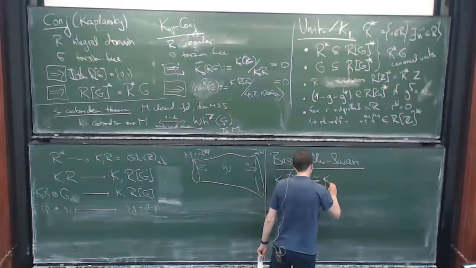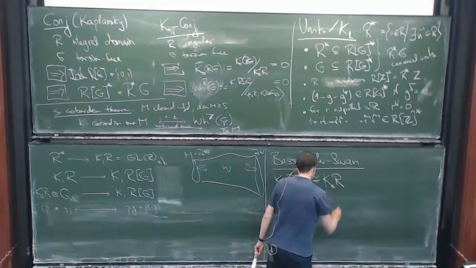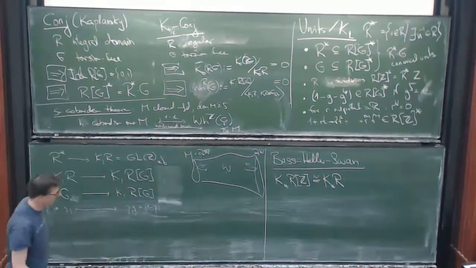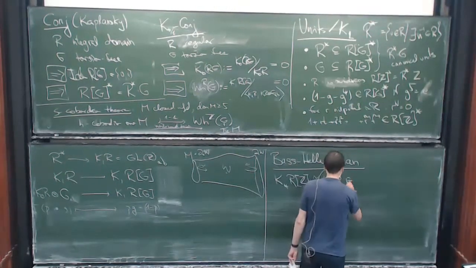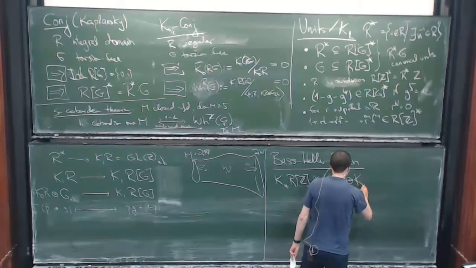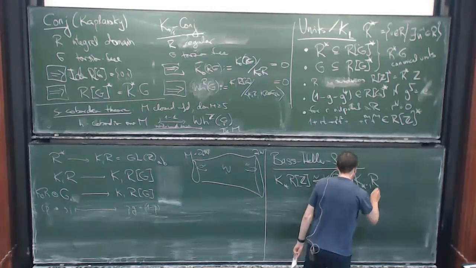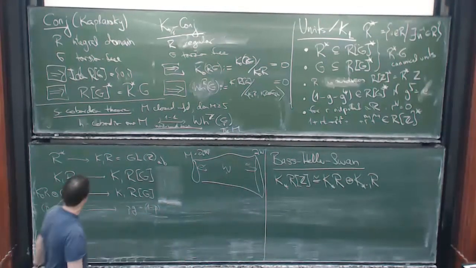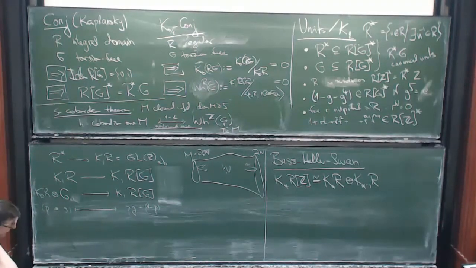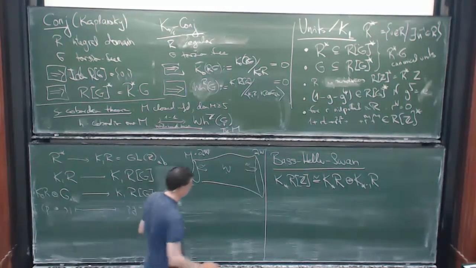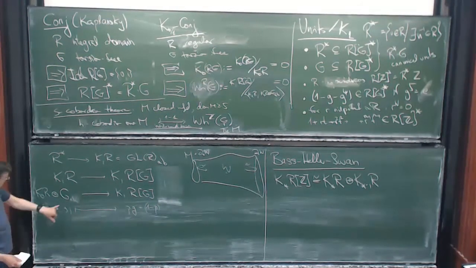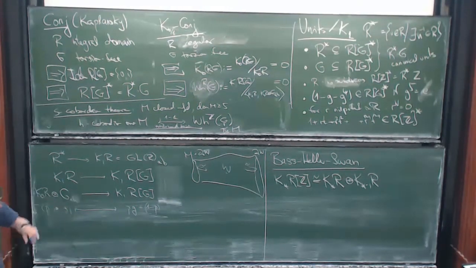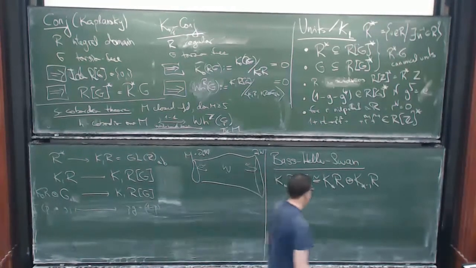Namely, it first has a summand, just the K0 of R. We know that has to be here by this inclusion and augmentation. And then there is a copy of K_{n-1} of R in the case of the star being 1. This comes from this map that I discussed here, but that exists in general. But then that's not everything.